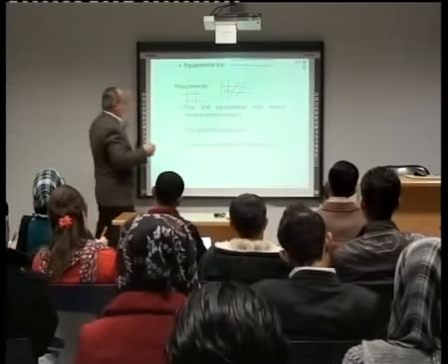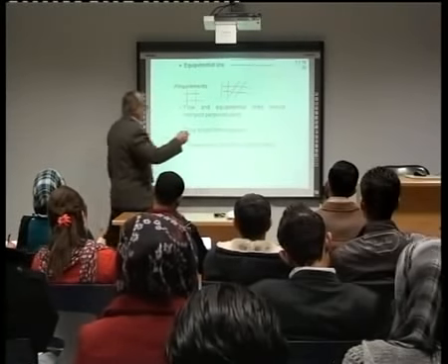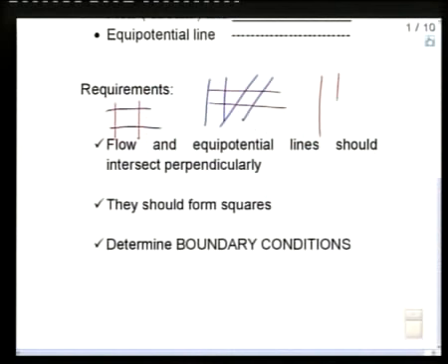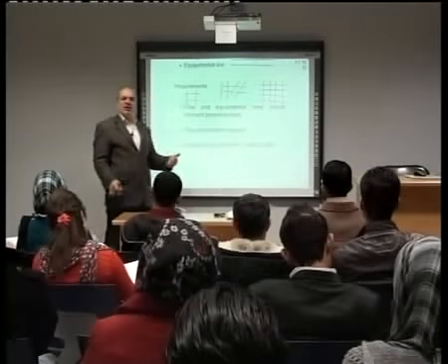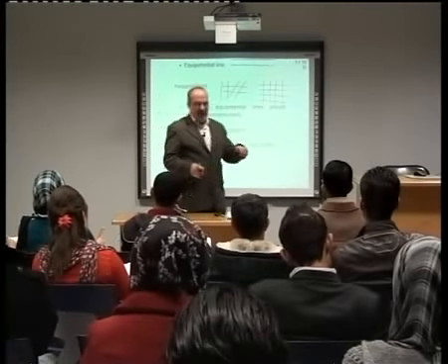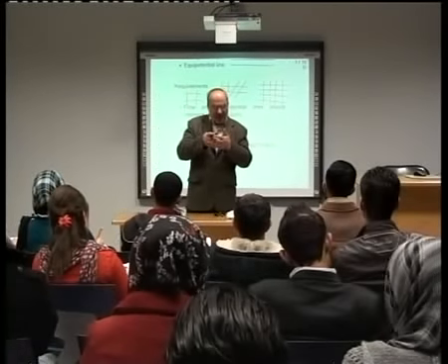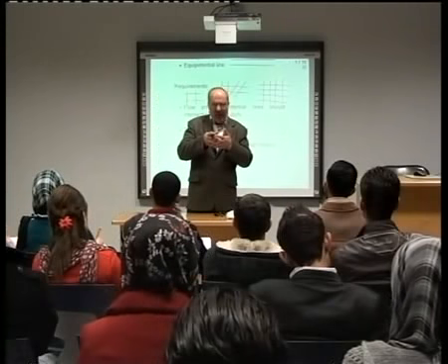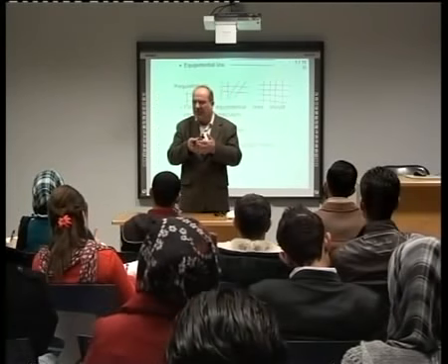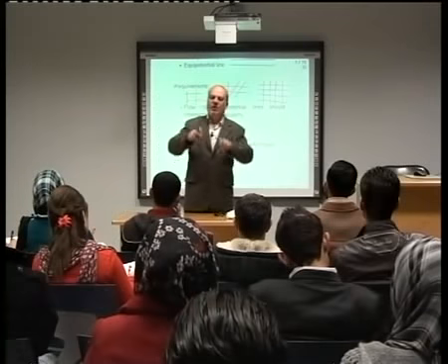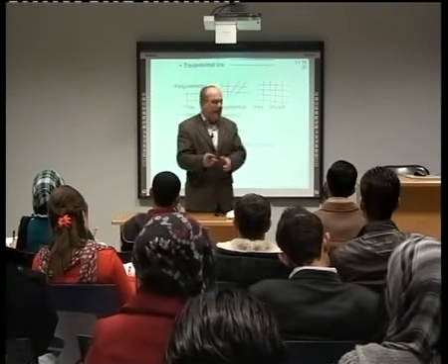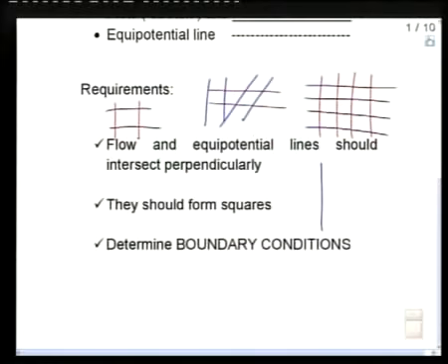So, what do we have? We have to have lines that intersect perpendicularly and form squares, you see? So, equipotential lines and flow lines should intersect perpendicularly. Okay, they should form right angles, 90 degrees, and they should form squares. Because I may put it this way, okay?